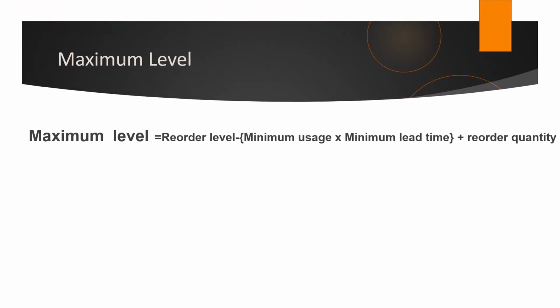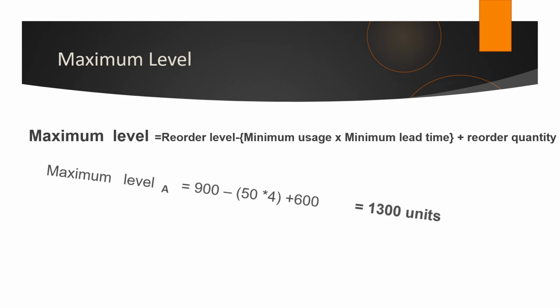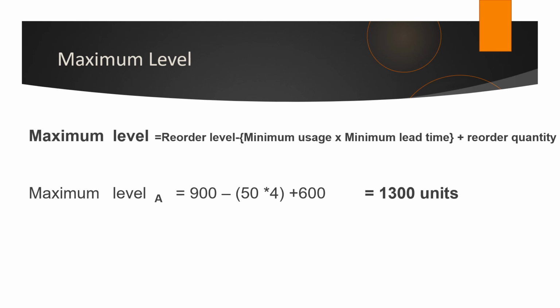By using this formula, we will be able to calculate the maximum level. So when it comes to product A, the maximum level is 1300 units. To calculate that, we have used the reorder level of 900 units. From that, we have deducted the minimum usage into minimum lead time, so that is 15 into 4. Then we have added back the reorder quantity.